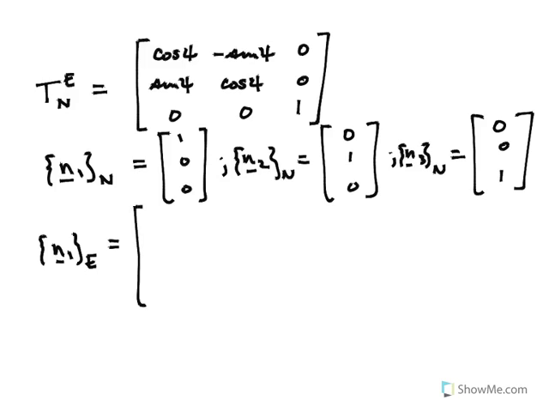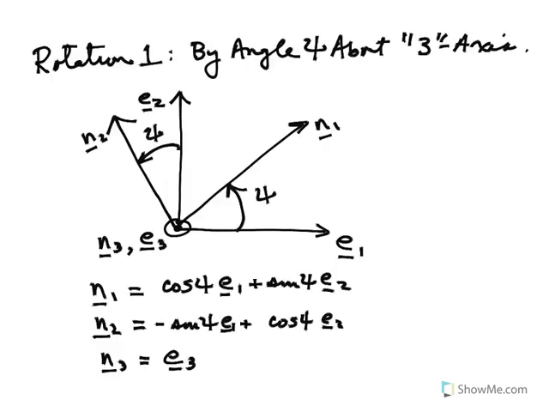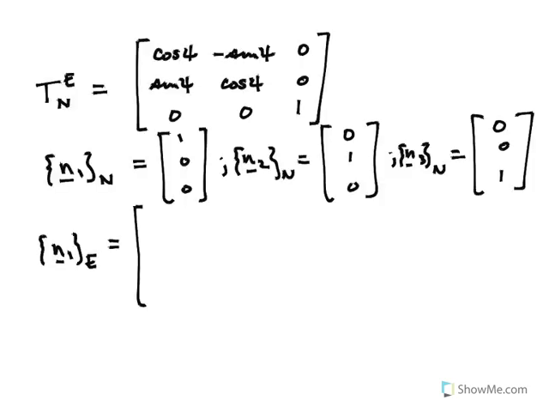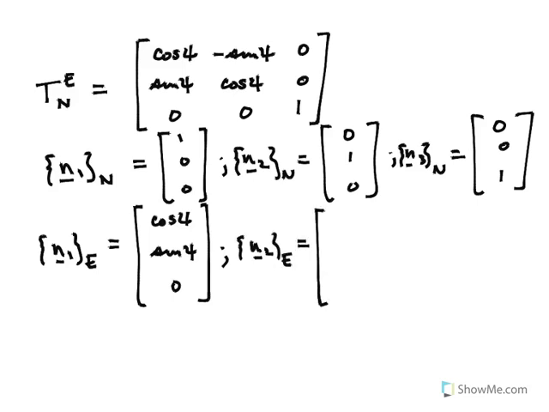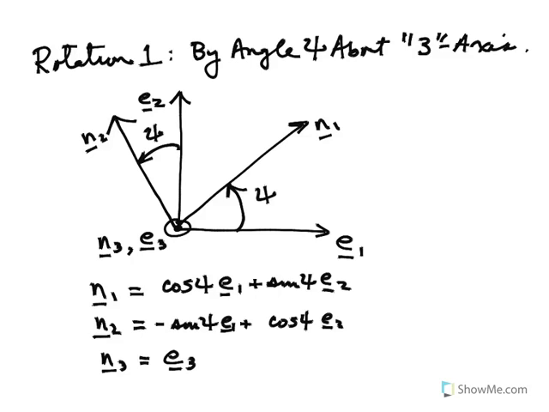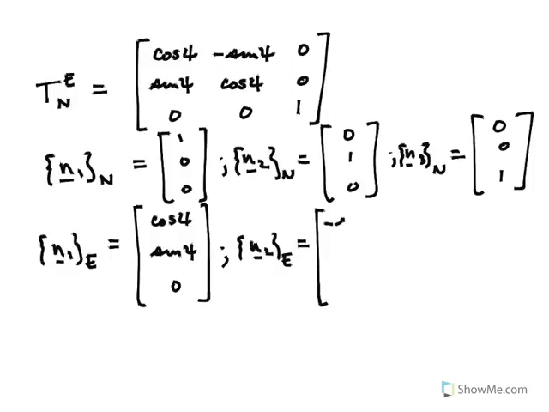It's sitting over here. n1 has 3 components: cosine of psi, sine of psi, and 0. What happens when I express n2 in the basis e? I get a similar thing, except now I'm looking at the second expression: minus the sine of psi, cosine of psi, and then 0.